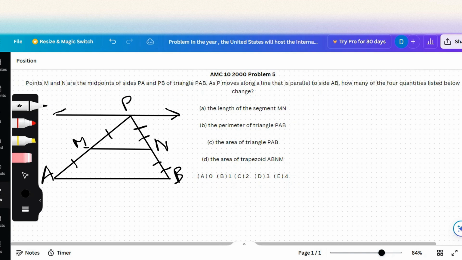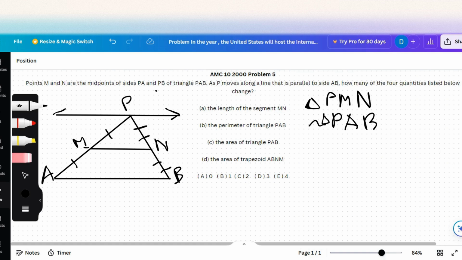Right away, we know that triangle PMN is similar to triangle PAB.